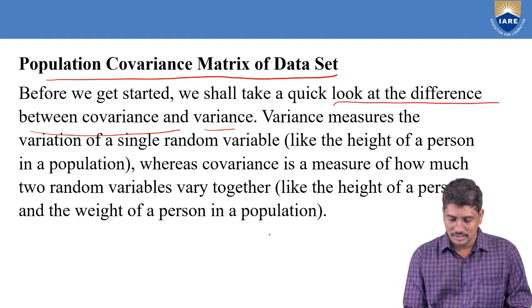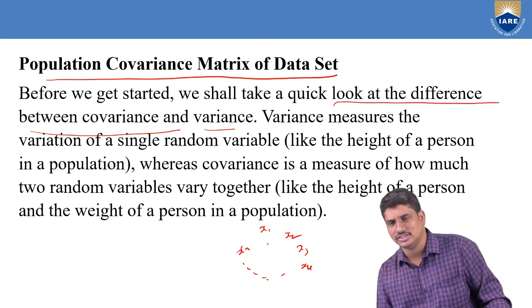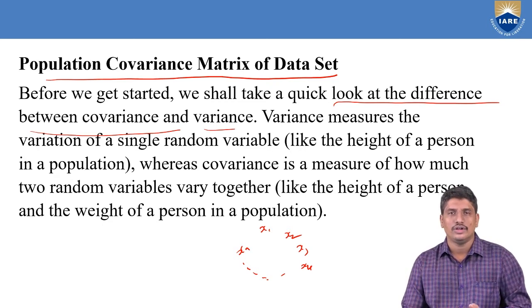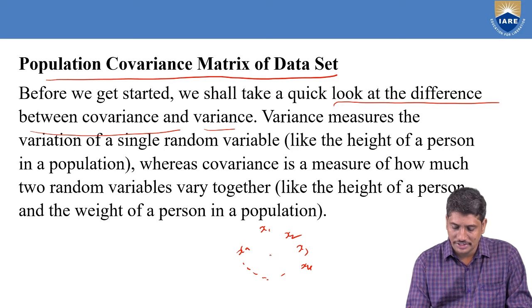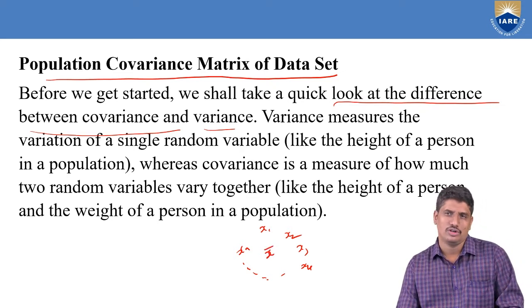See, variance you can understand as follows. If a data set contains points like x1, x2, x3, x4, and so on, xn, there are so many variables, n features. Now let us calculate the average of all these values, say x bar.